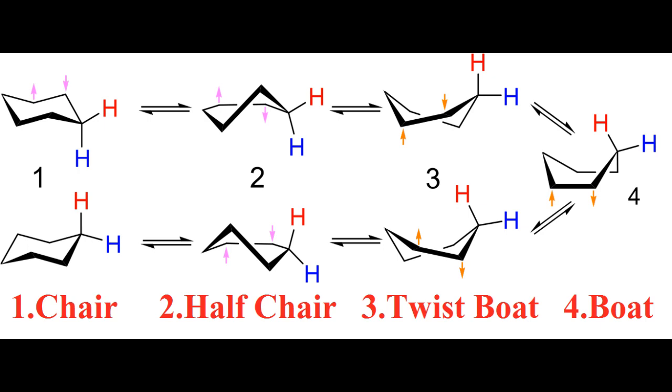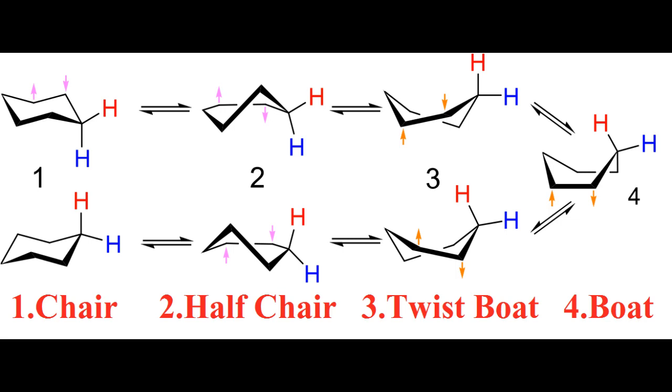The hydrogen indicated in red is the equatorial hydrogen, which is perpendicular to the axis of symmetry, or horizontally placed to the ground. And the one indicated in blue is the axial hydrogen.